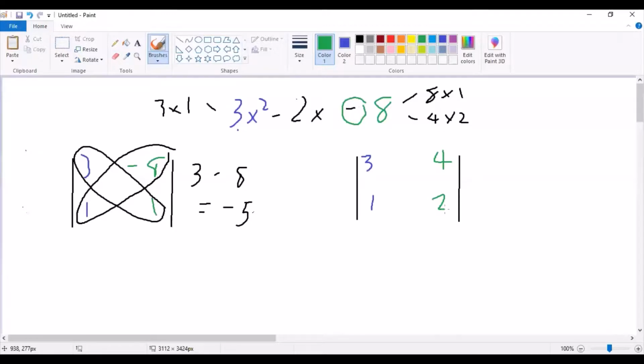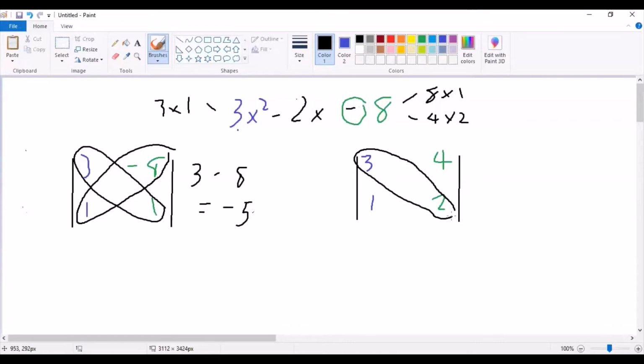Because we want a number that's negative in the end, once we add it, we're going to add it to the number that multiplies to equal the larger number. So when we cross multiply the first value, the 3 times 2, that's going to equal 6. Whereas when we multiply that 1 times 4, it's going to equal 4.